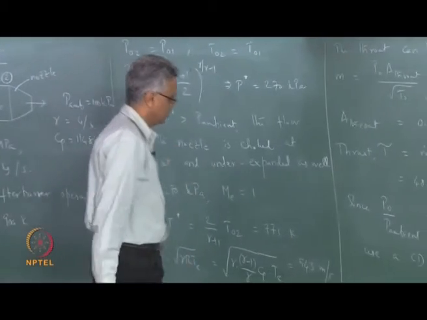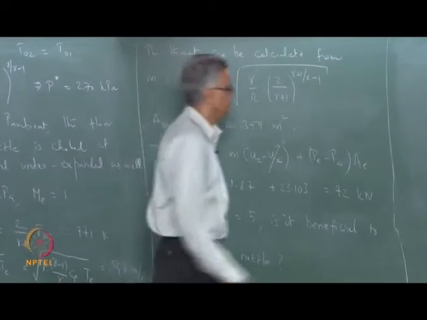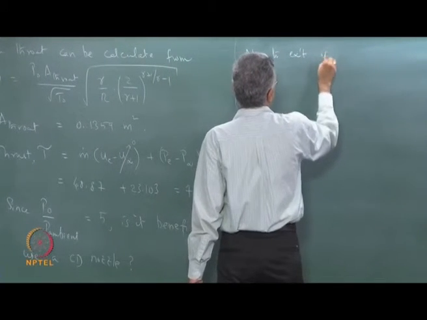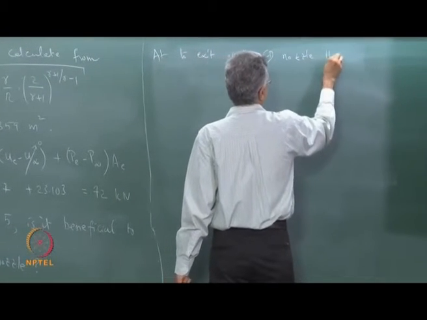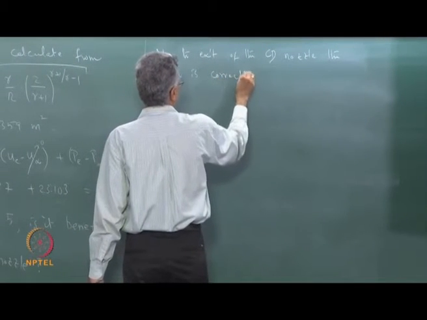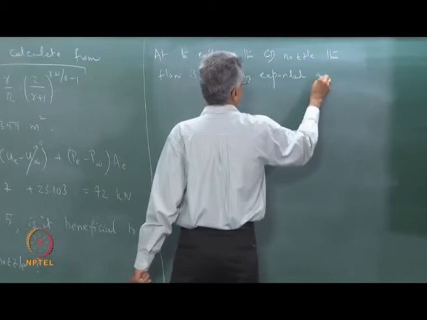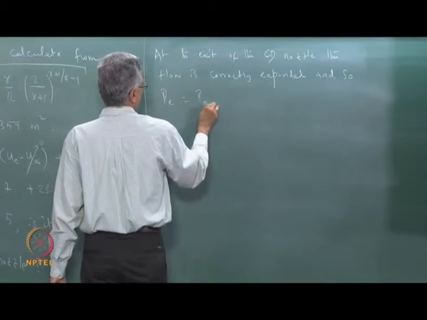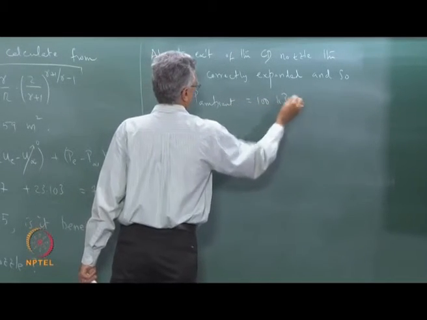So, if you are going to use a CD nozzle and we expand the fluid correctly to the ambient pressure, right. So, at the exit of the CD nozzle, the flow is correctly expanded and so P is equal to P ambient, which is equal to 100 kilopascal.